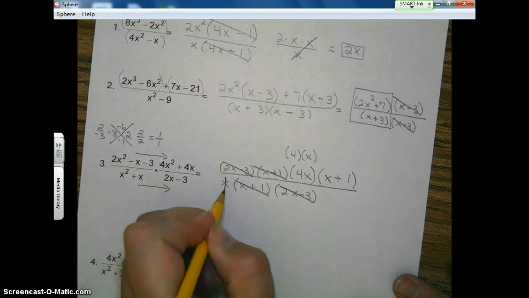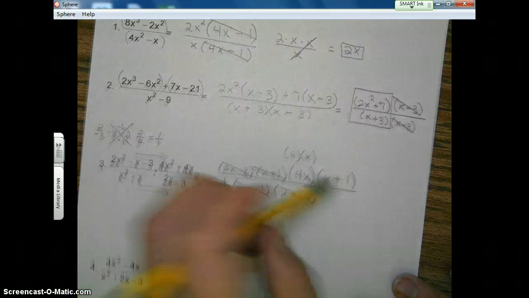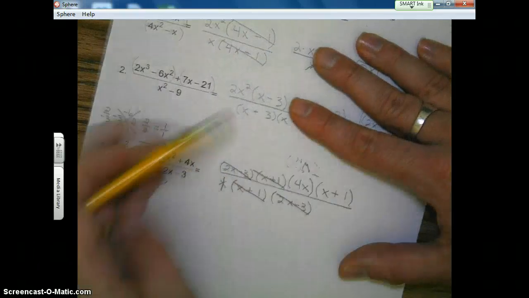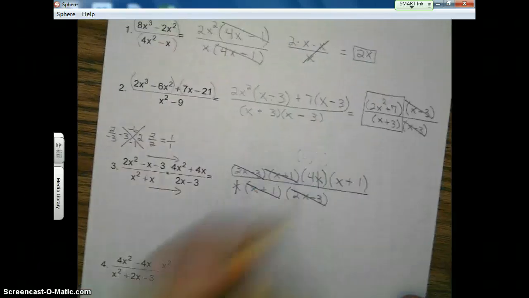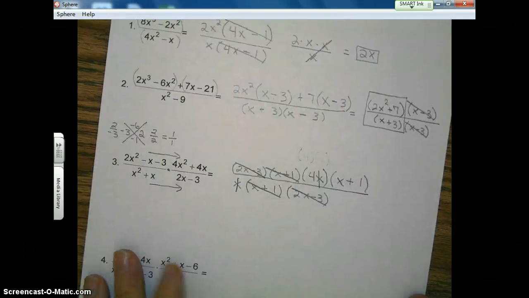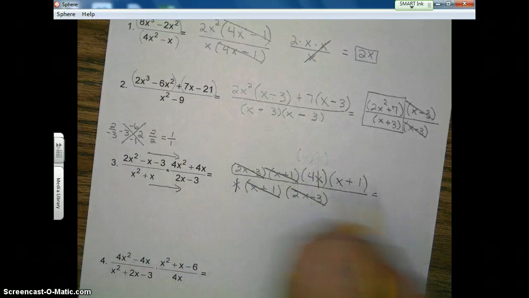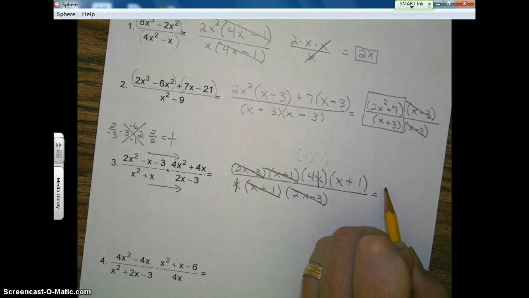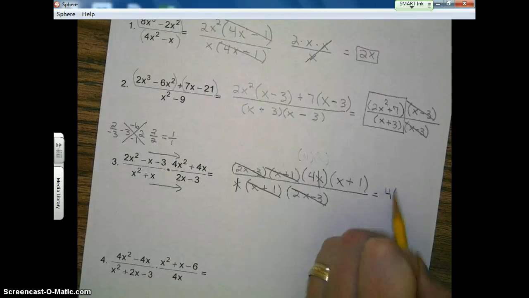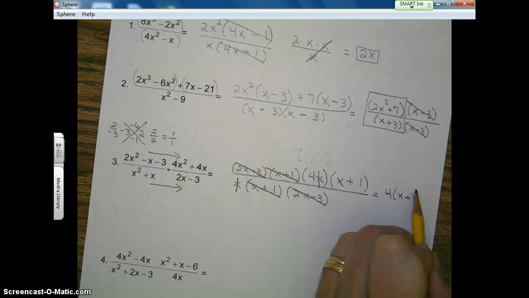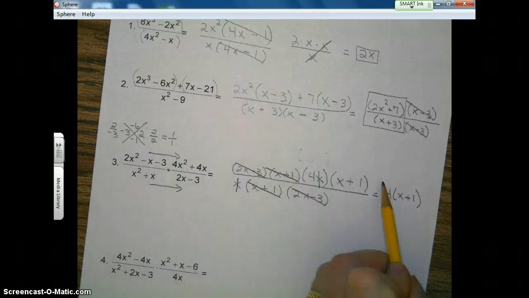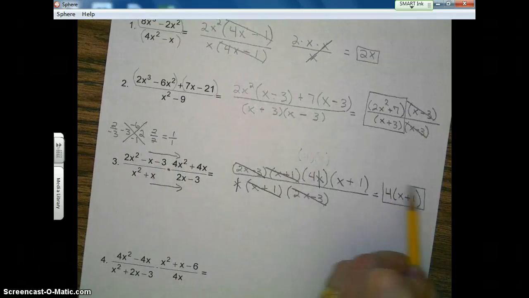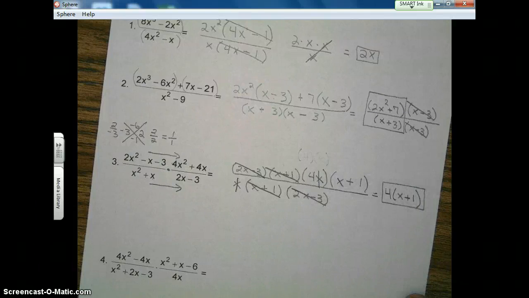So that means that this x is going to cancel with this x. So that leaves me with 4 times x plus 1. And let's go ahead and leave it like that. Let's not distribute. Let's leave it in factor form.